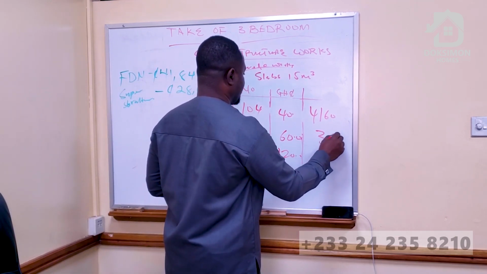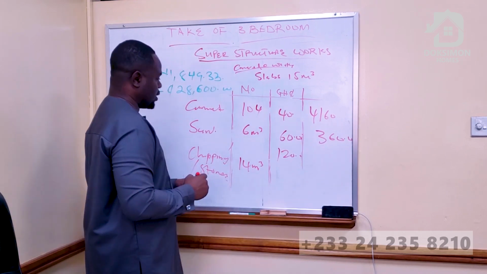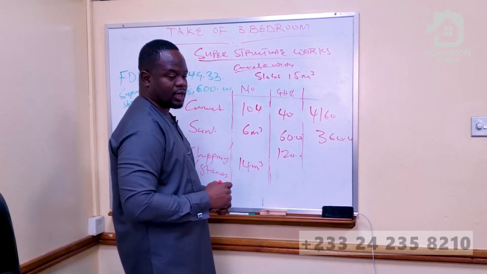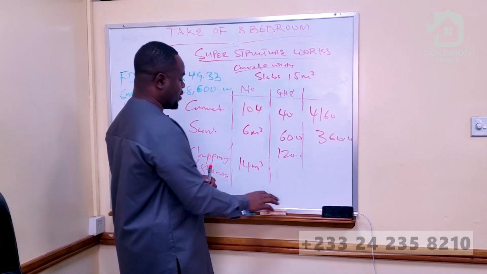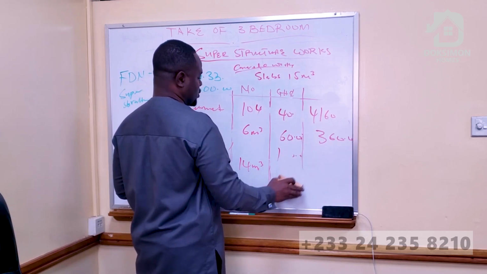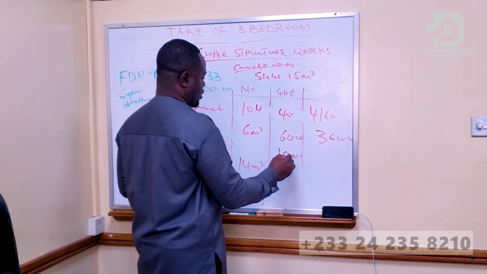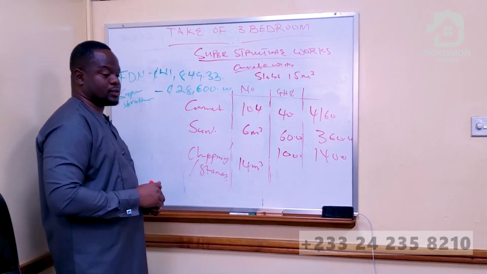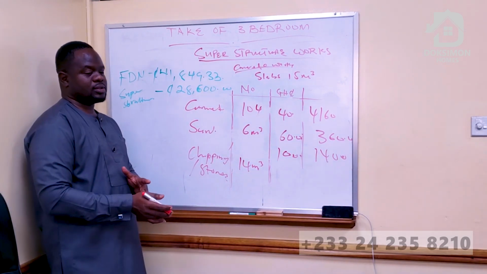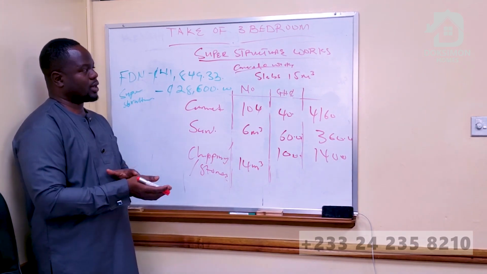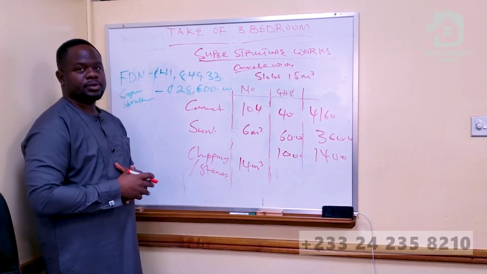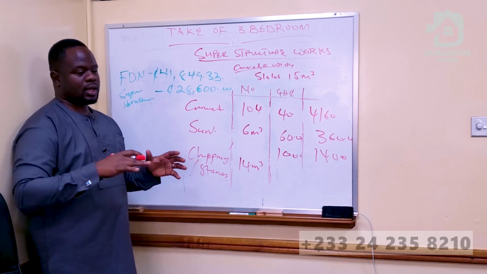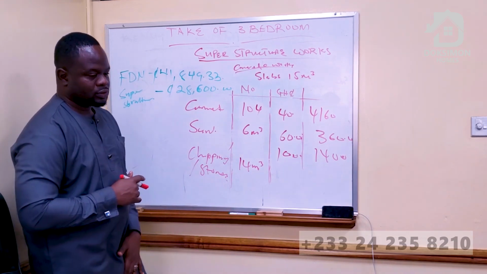It's just 360 Ghana cedis, and then 14 times. It might vary. Let's just use 100, 1,400 Ghana cedis. So this uses the concrete that goes into the 15-meter cube as our slab, floor slab.